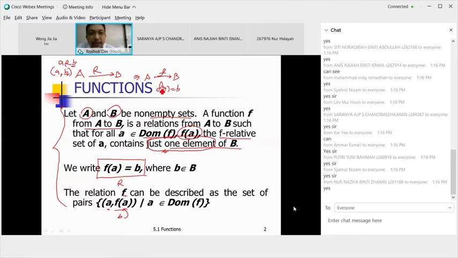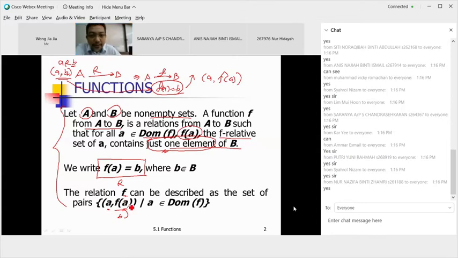It means this function is from a specific a, one of the elements in set A, and it maps to one element in B. So when we consider this representation, we change this b with this function, it will be f(a).